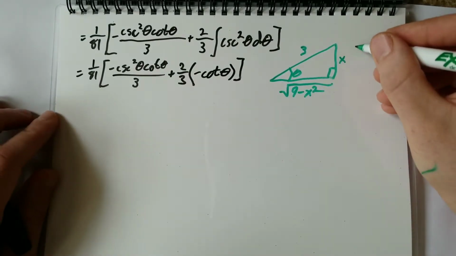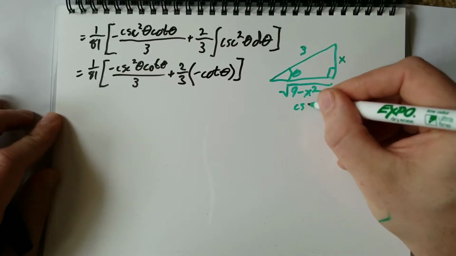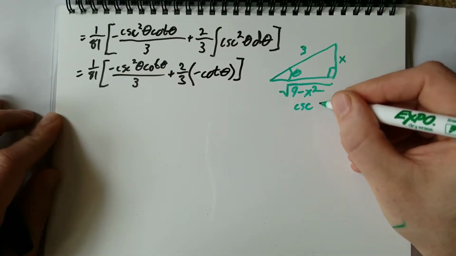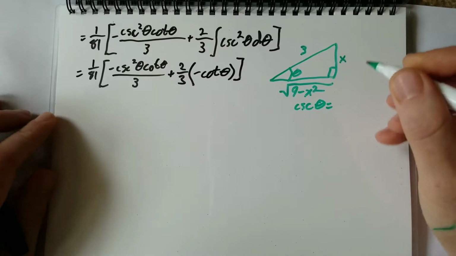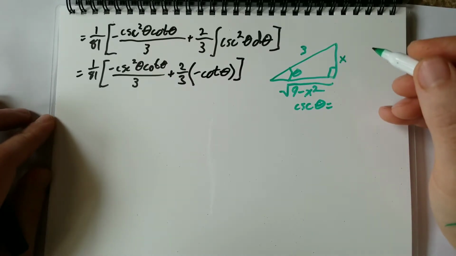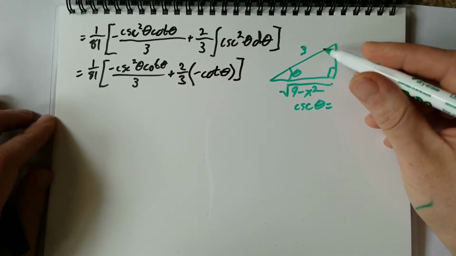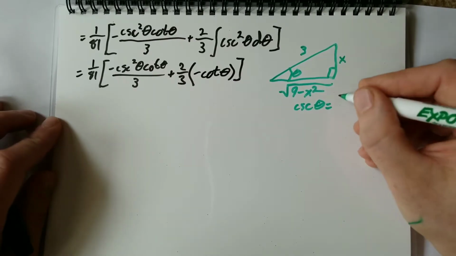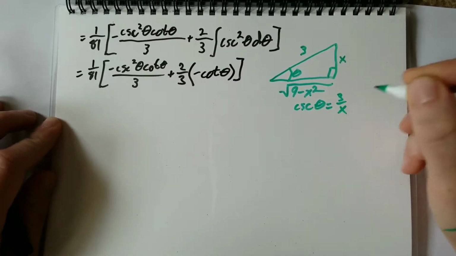So cosecant theta equals, well, cosecant is the inverse of sine. So sine would be x over 3, so cosecant will be 3 over x.